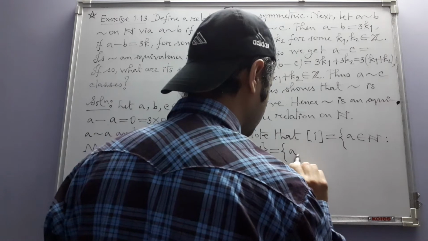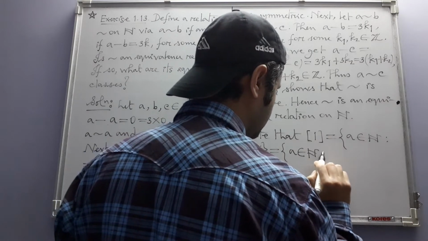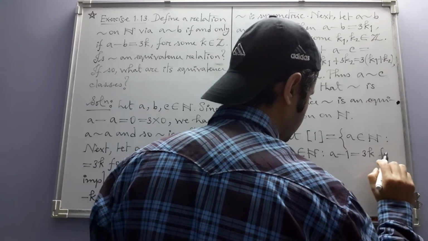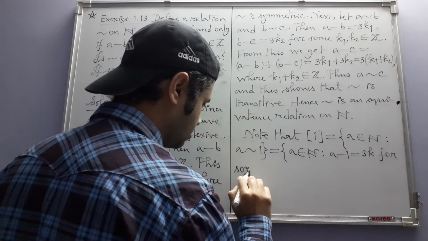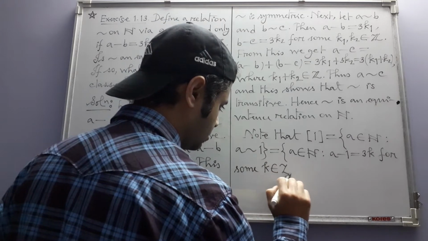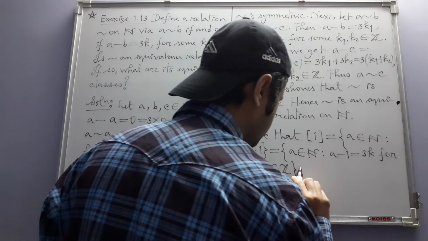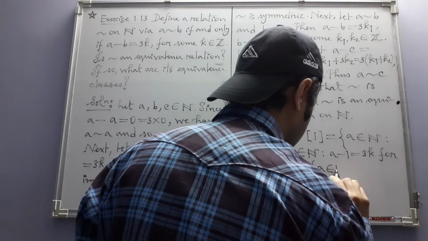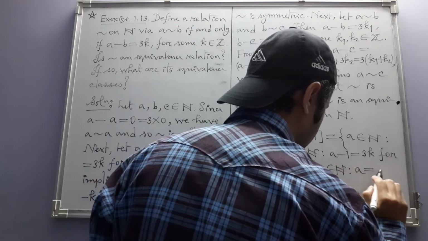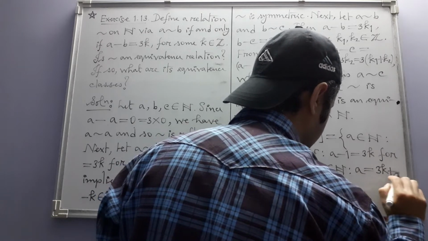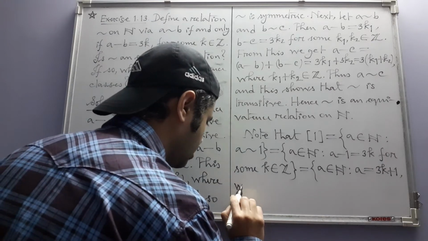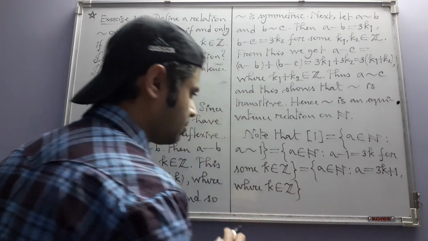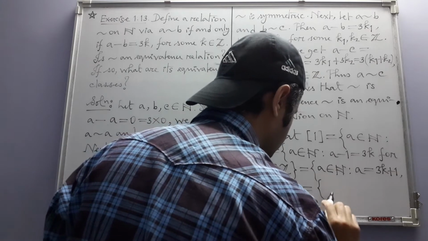That means it consists of all natural numbers a such that a minus 1 is equal to 3k for some integer k, or stating this whole thing in a slightly different manner, it is the set of all natural numbers n which are of the form 3k plus 1, where k is an integer, and this can be written more compactly like this.